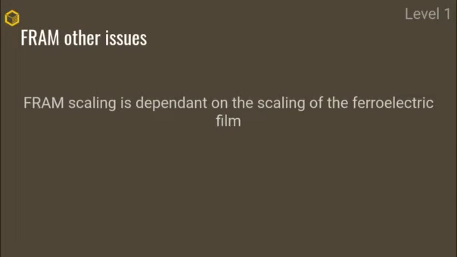Also, the scaling of the memory cell is dependent on the size of your ferromagnetic capacitor. And in this case, it's dependent on the size of the ferroelectric film inside the capacitor. And unfortunately, that does not scale very well. And so we basically have memory cells that don't scale.